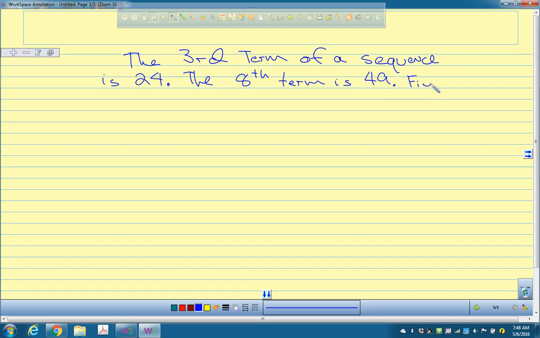Find the formula or the rule, whatever you want to write. Formula, the rule for the nth term. Okay. Any ideas how to do this?